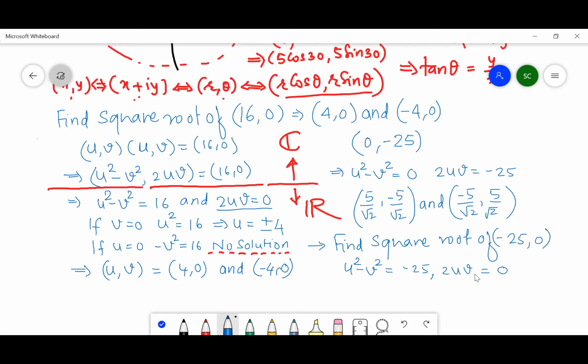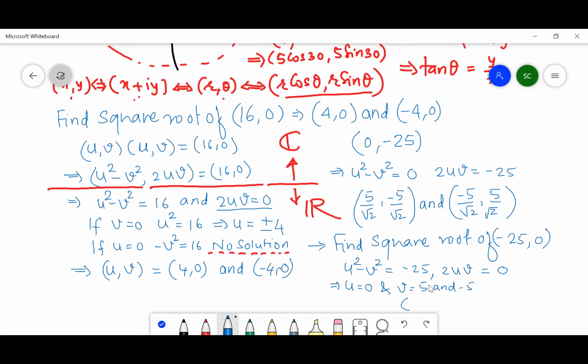So either u should be 0 or v should be 0. Now in this case, if v is 0, we are stuck. Therefore u must be 0. So this implies u should be equal to 0 and v is equal to 5 and minus 5.